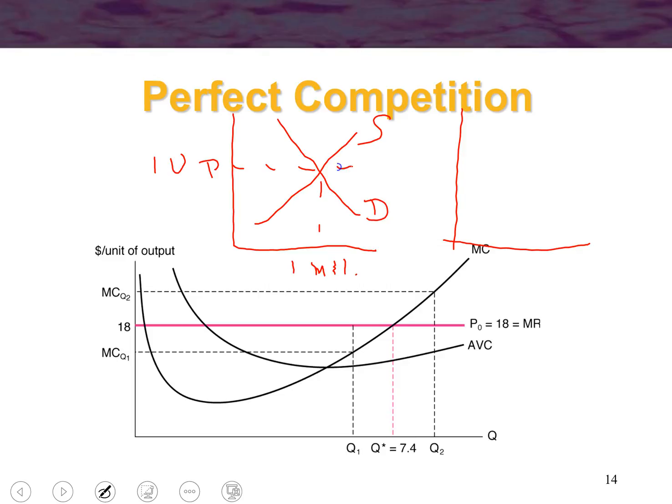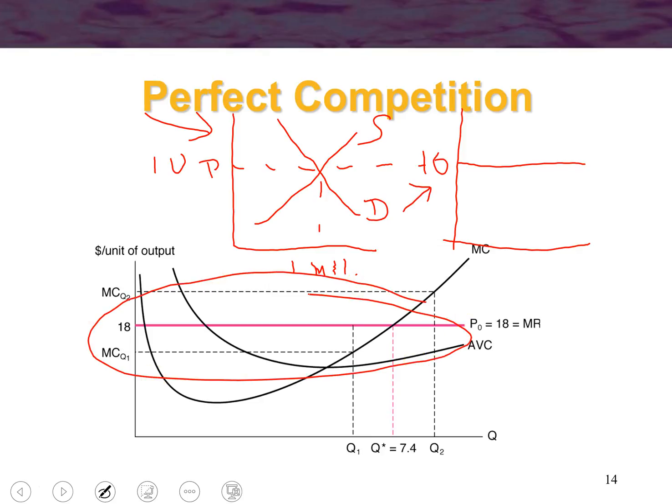Now this establishes the price for this individual competitor, and you could see that the demand curve is going to be flat, so price is $10, and this firm takes the price as given. So again, this is where the market establishes the price, and the individual firm has to take it as given. And that's what you see right here.